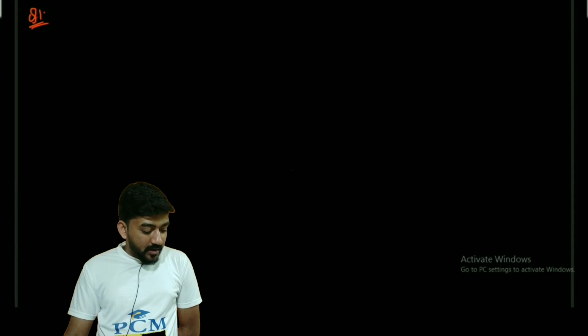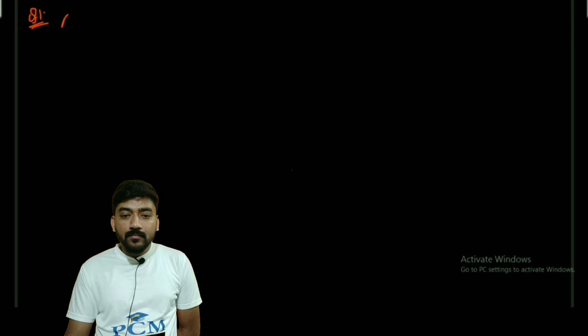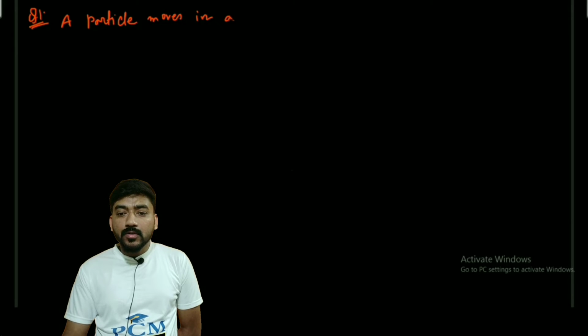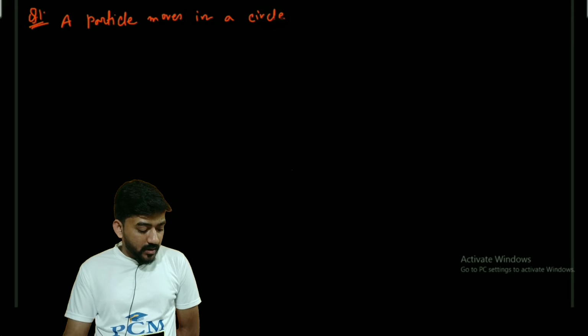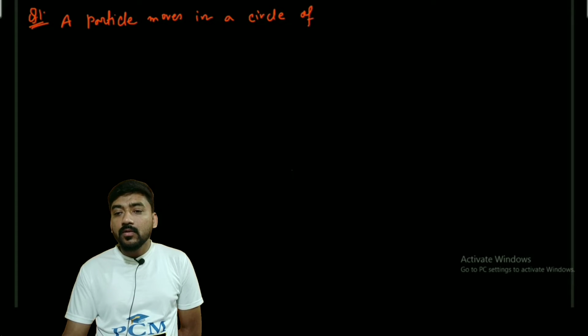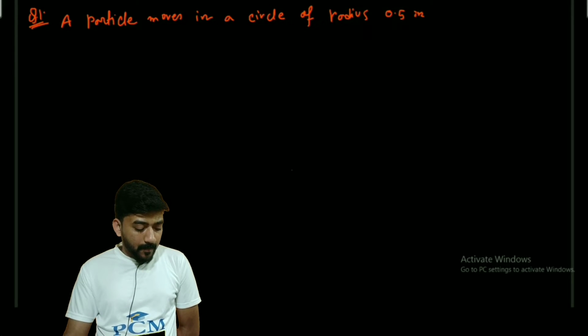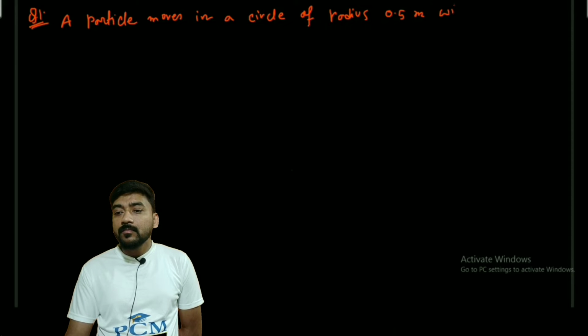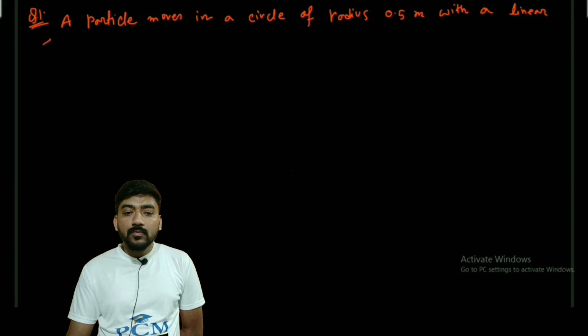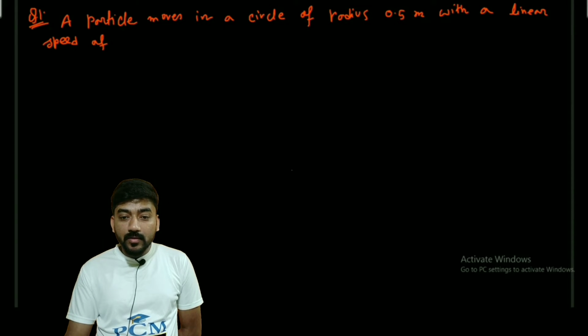First question: a particle moves in a circle of radius 0.5 meter with a linear speed of 2 meter per second.